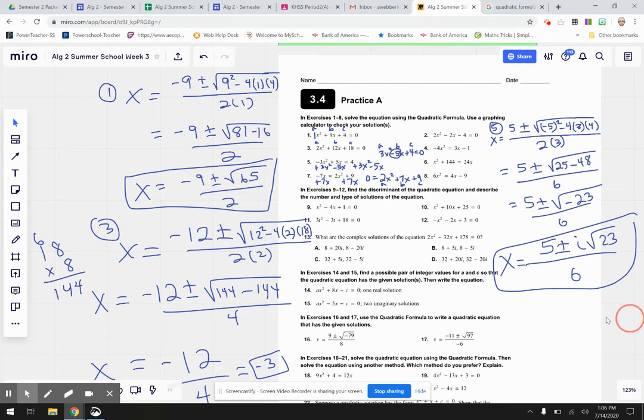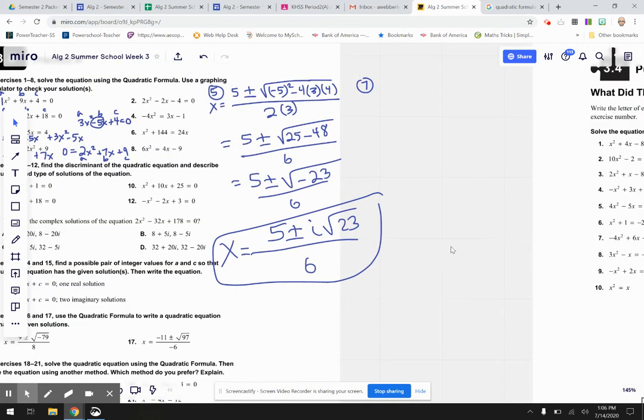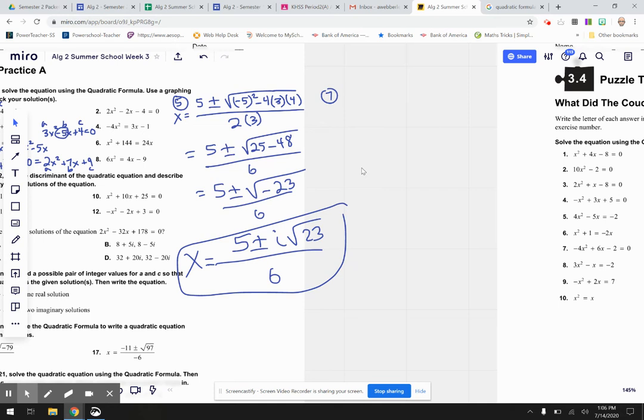Let's go to 7. We'll move 7 over here. Okay, so 7, we know a is 2, b is 7, c is 9. So opposite of b would be negative 7.